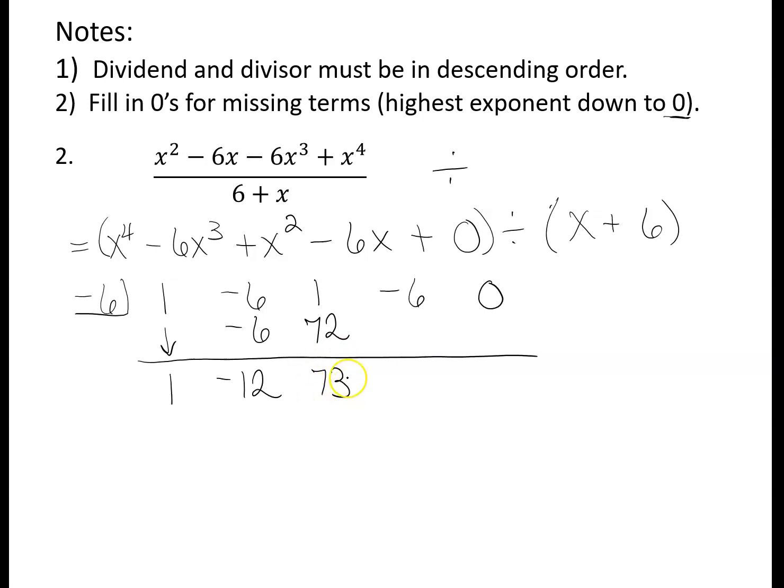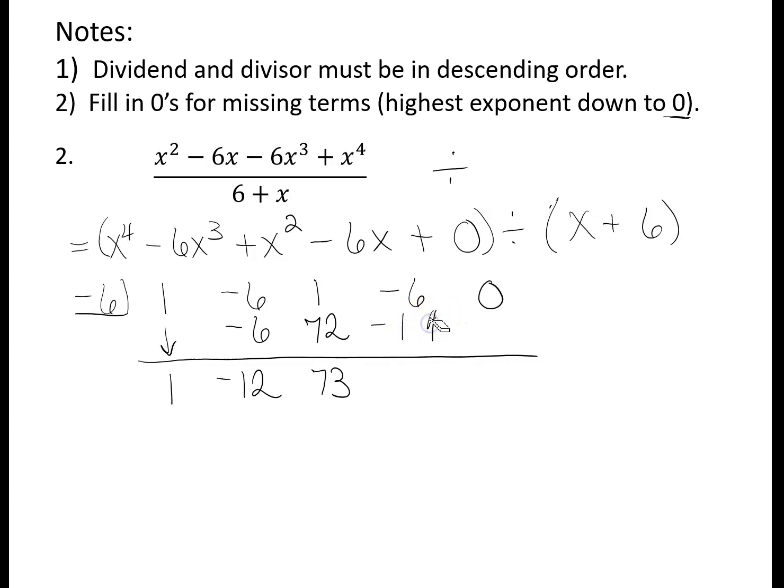And sometimes the numbers do get kind of big. You can use a calculator if you need to. 73 times negative 6 is negative 444. So now we add. We have the same signs, so we're going to add and keep the sign. I'm sorry, I wrote the wrong number there. I was getting ahead of myself.